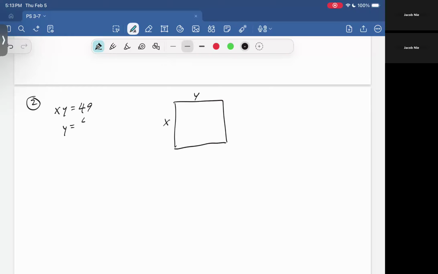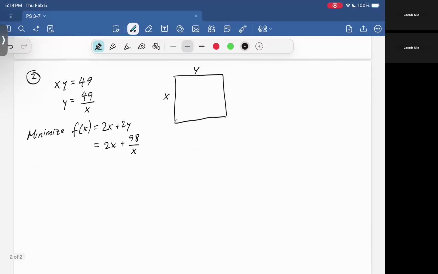So y equals 49 over x. So we'll make that substitution. And we're trying to minimize f of x equals the perimeter, which is 2x plus 2y. And so if we make the substitution, y equals 49 over x, this will be 2x plus 98 over x.